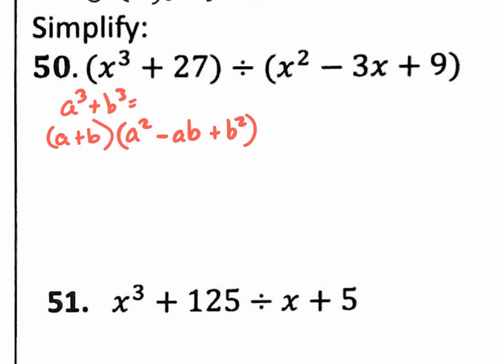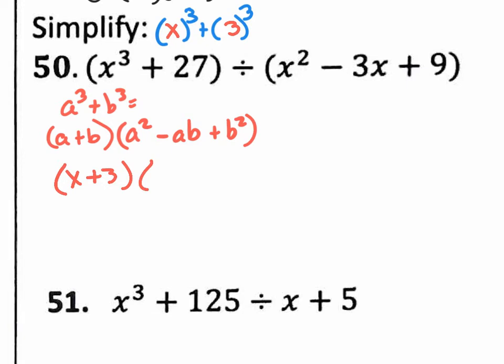So the question is, could we identify what cubed plus what cubed would give us this x cubed plus 27? What belongs in here? x. What belongs in here? 3. Yes, so the a value is x, the b value is 3. Plug it right in there. So a plus b, that happens to be x plus 3.